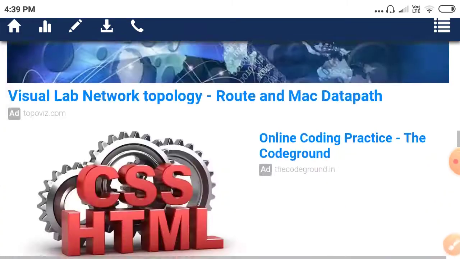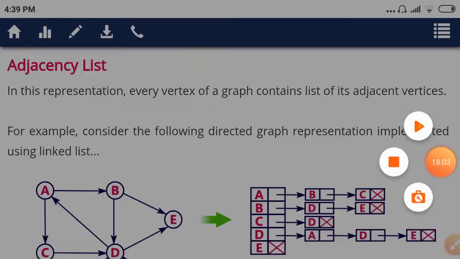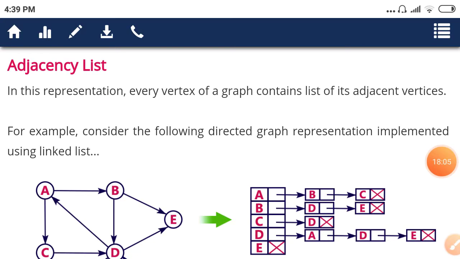One more example. Okay, students, now we'll see the adjacency list. In this representation, every vertex of a graph contains a list of adjacent vertices. That means if there is a connection from a to b, we have to take it.